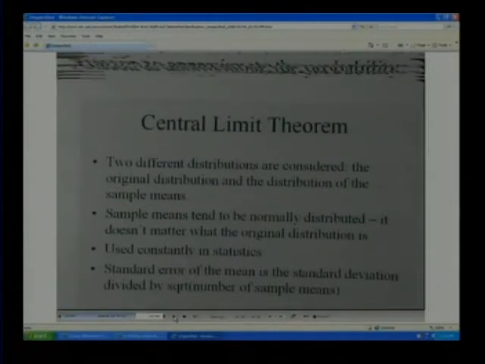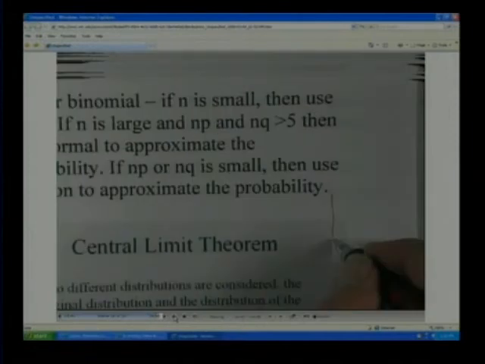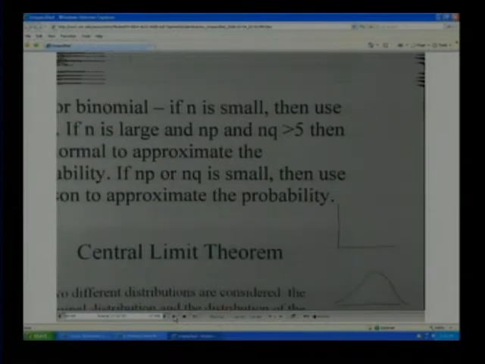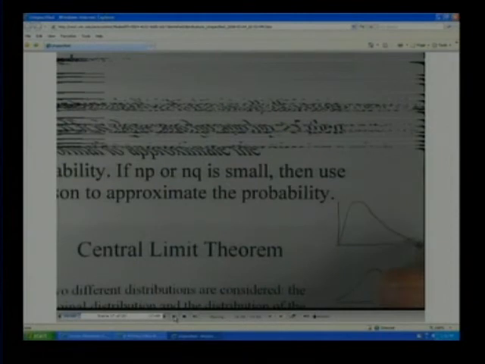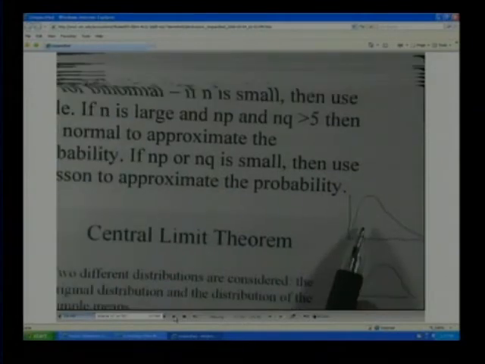Those means will tend to have a normal distribution. That's what the central limit theorem says. Although in this distribution I may have 100 ones, 5 twos and 1 three, which means the original distribution may look something like this. It's not normal. So the original distribution doesn't have to be normal, but the distribution of the means taken from it is going to be normally distributed. That's the central limit theorem.